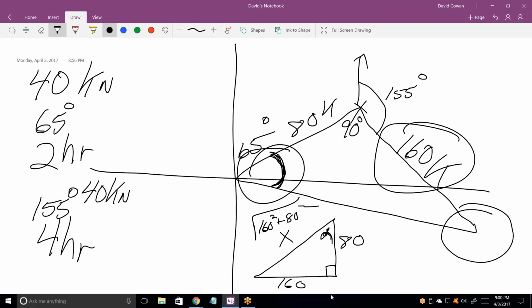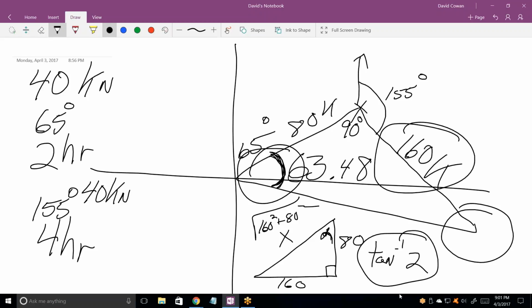Well, how do I solve for alpha? Inverse tangent of 160 over 80, which is inverse tangent of 2. What's that angle? 63.48.